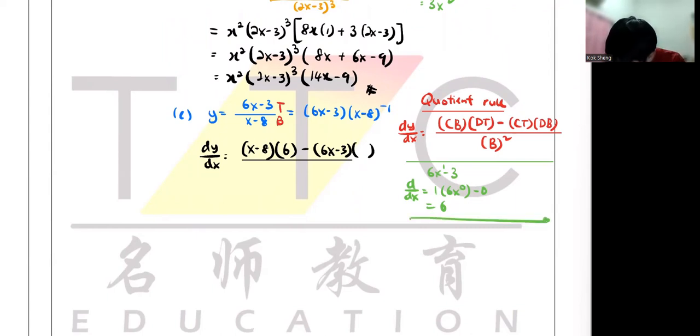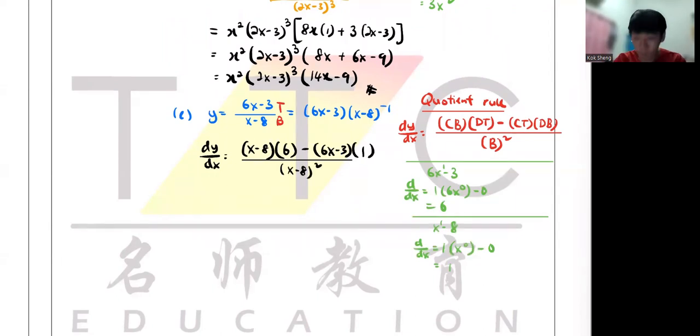Bottom, okay, right here. The power here is 1, so times and then minus. The negative 8 will become 0, so it's just 1. And divided by bottom squared. So yep, that is your working.